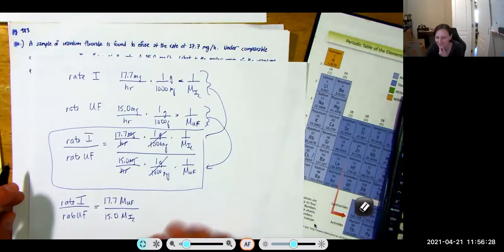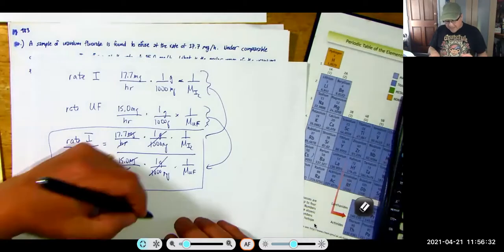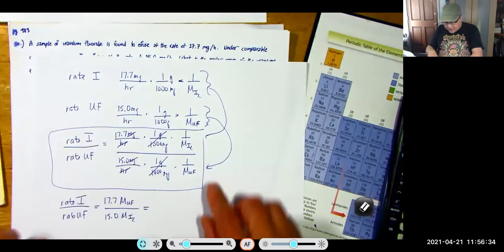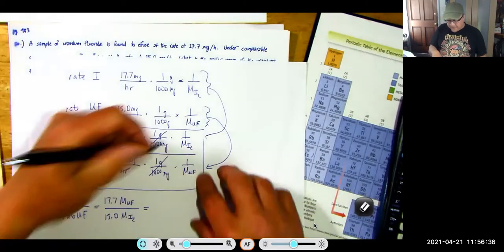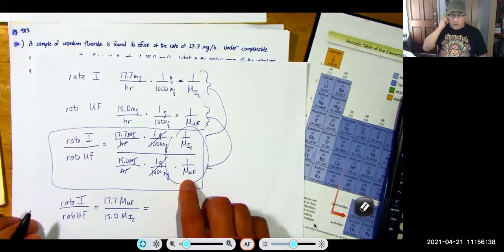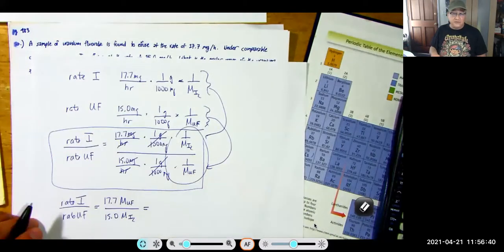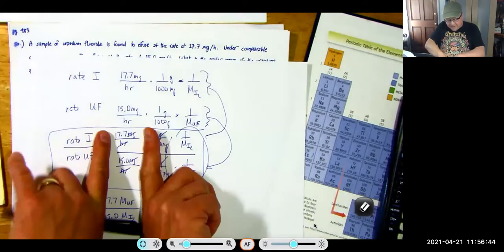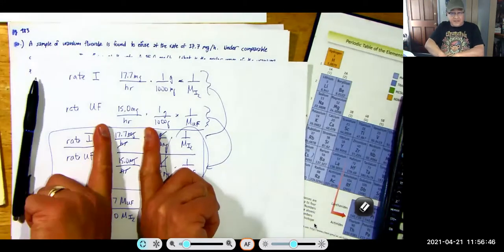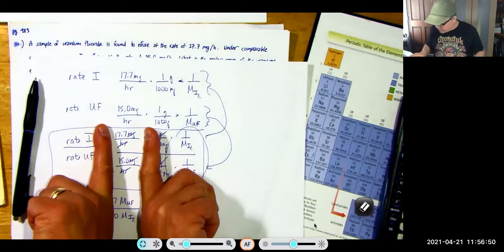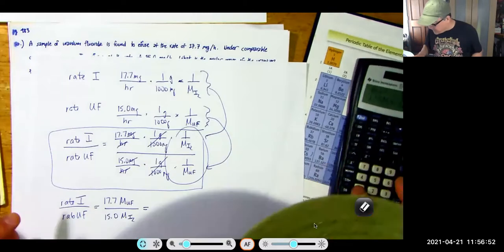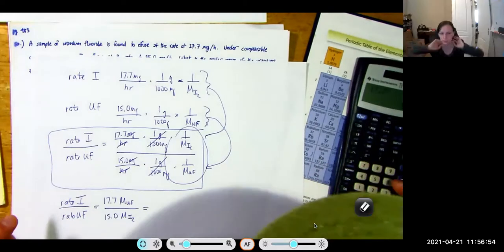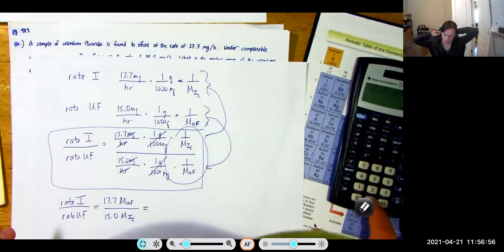No. Okay, well, you don't need to. What I mean by that is, do you see how with these two, it ends up being the molar mass of UF over the molar mass of I2? Fair enough. What does this end up being? It ends up being 17.7 divided by 15, right? So let's just do that. 17.7 divided by 15? Really close to 1, isn't it? A little more than one.